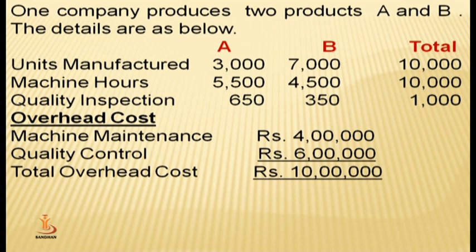Overhead costs: machine maintenance is 4 lakh rupees and quality control is 6 lakh, so the total overhead cost is 10 lakh. So machine maintenance and quality control are the two activities identified. Friends, here I have identified only two, but in a company there can be more than two activities. Just to explain more clearly, I identified two only. One costs 4 lakh and the second 6 lakh.